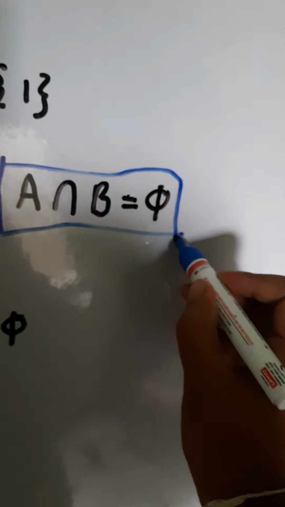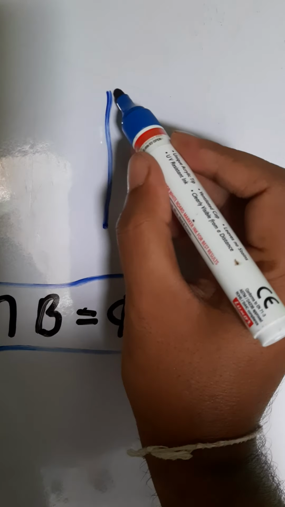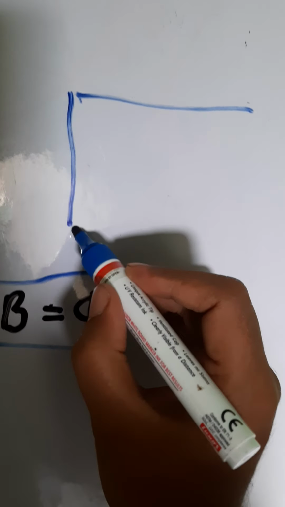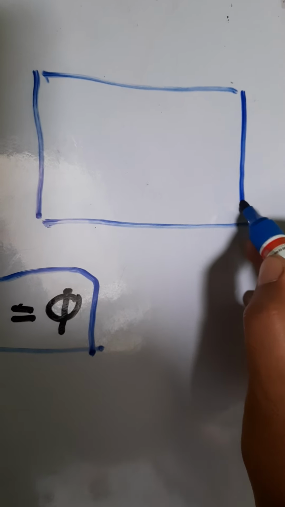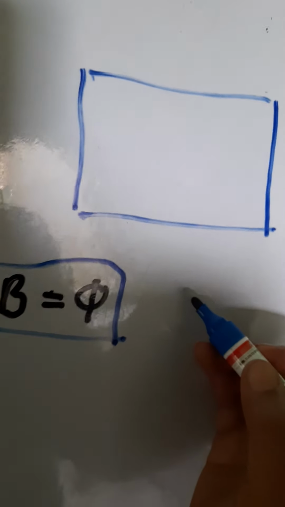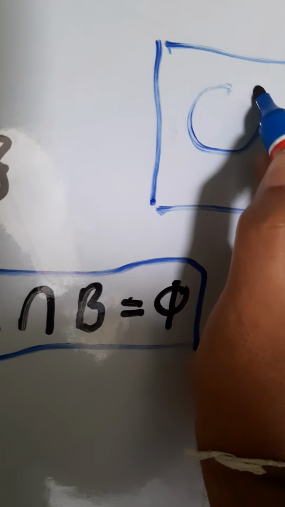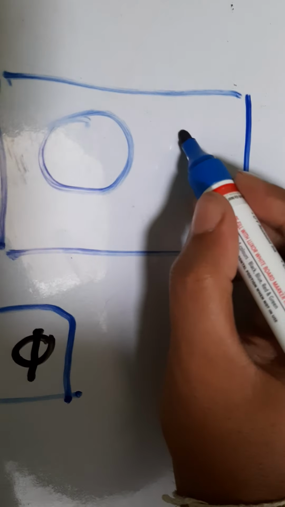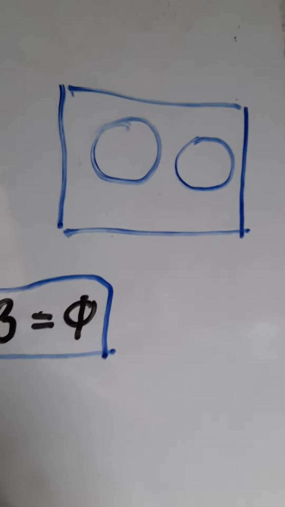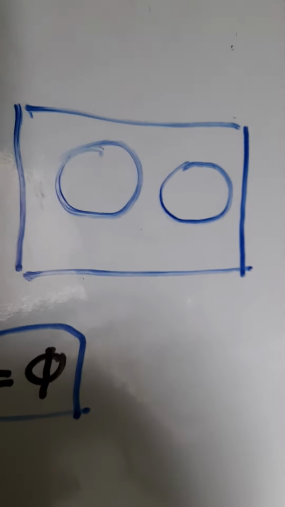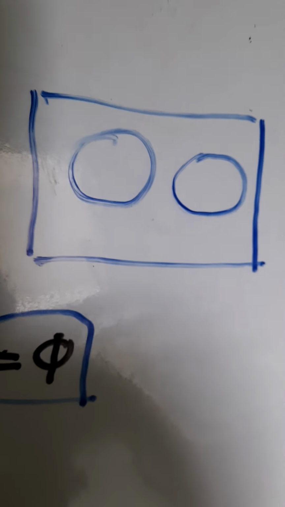In the Venn diagram representation, we can see that it's a rectangle, the universal set or universal collection of events. If A and B are like that, they have no common item, they have no common outcomes, then they will be called mutually exclusive.